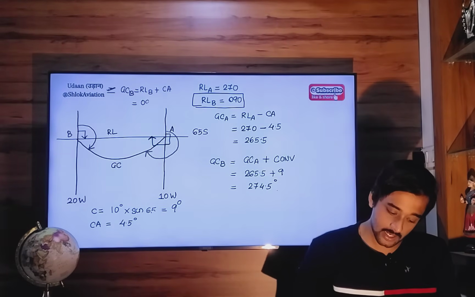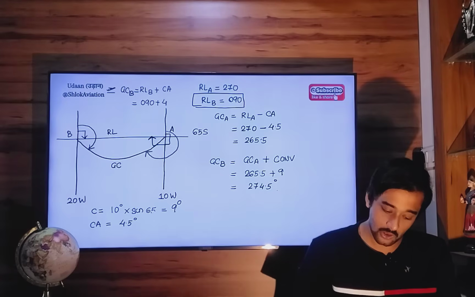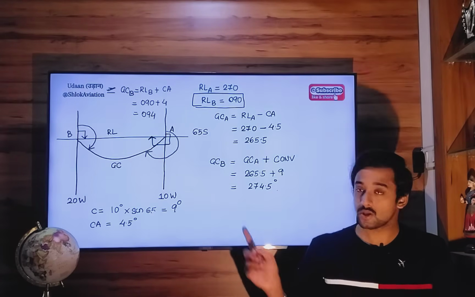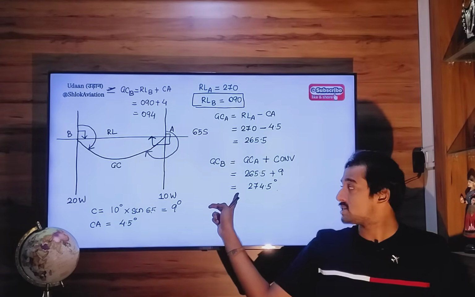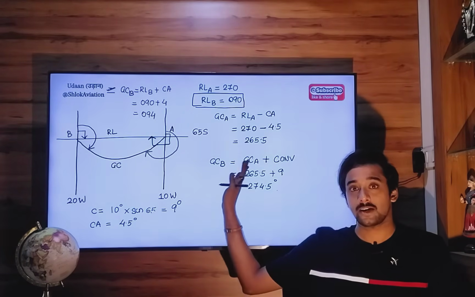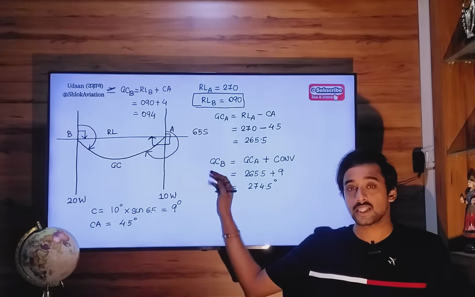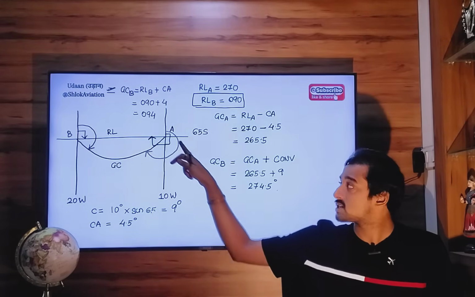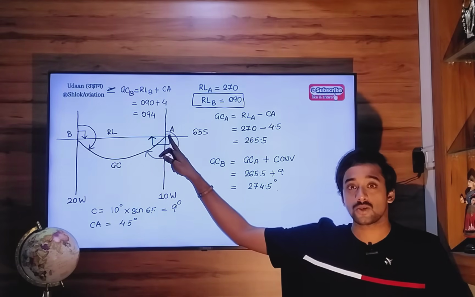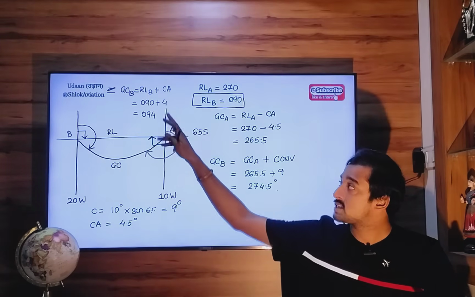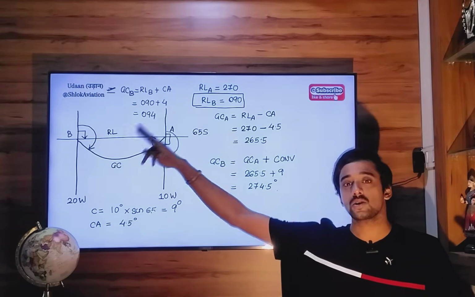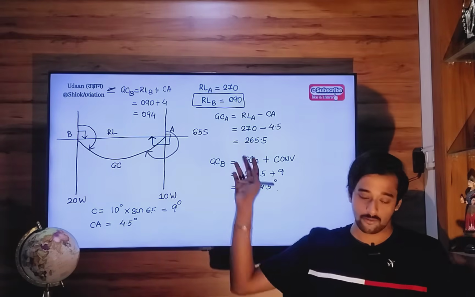So that is 090 plus 4, 094. Okay, so there is a difference between great circle track B to A, and great circle track at B. Great circle track at B only means the track direction which is going to change as you depart from A, and great circle track B to A involves B towards A. So don't get confused.